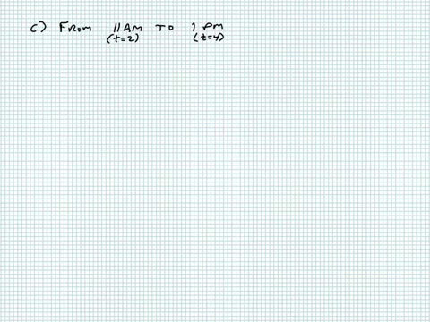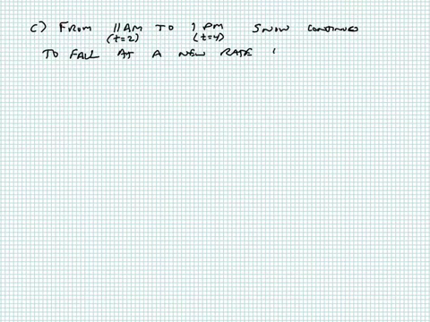So from 11 a.m. to 1 p.m., snow continues to fall, now at a new rate, we'll call this P of t, equal to 1 over 2 square root of t inches per hour.